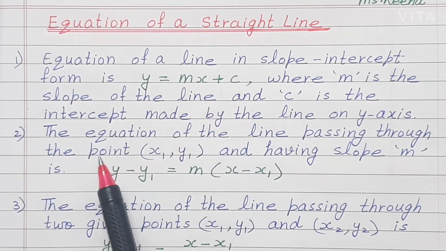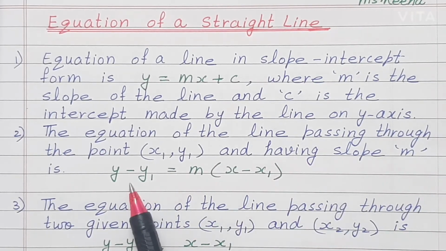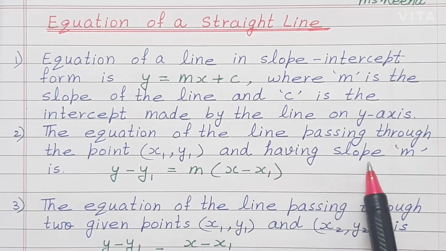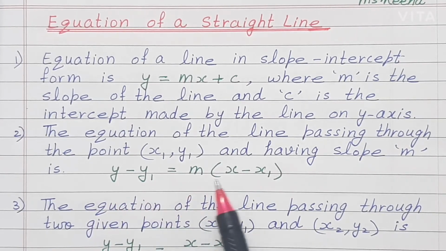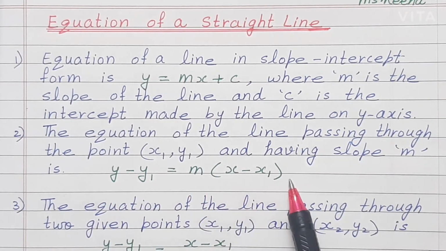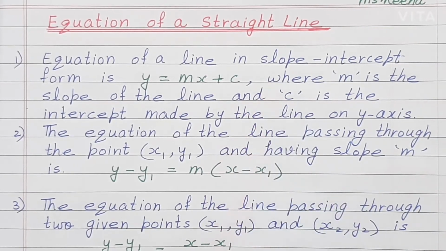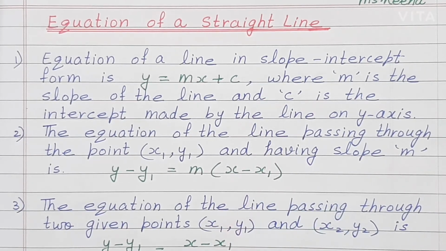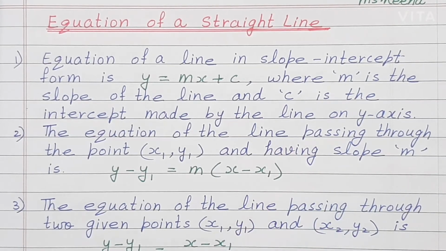Now the second is the equation of the line passing through the point (x1, y1) and having slope m. So here the equation is y - y1 = m(x - x1). Students, we have already discussed these equations in detail in the assignment. We are just revising the equations. These are the formulas that we are going to apply in questions.